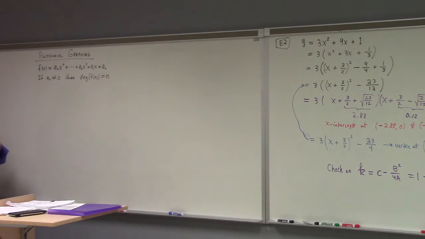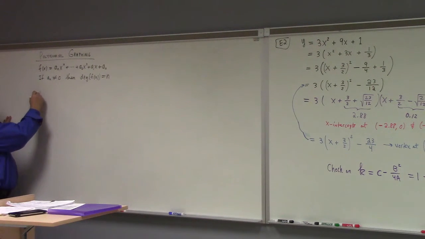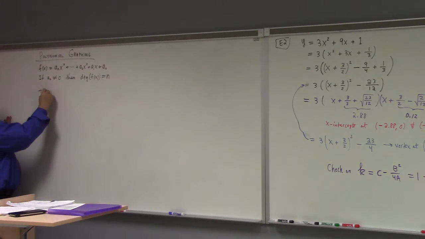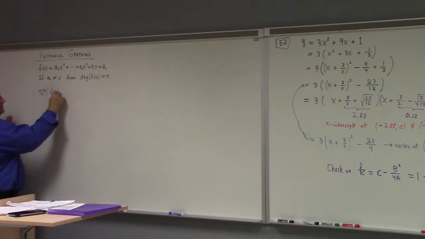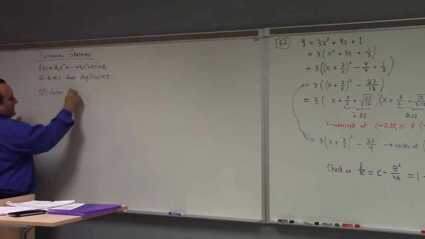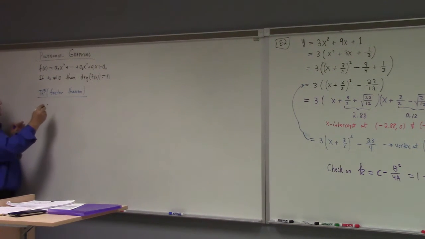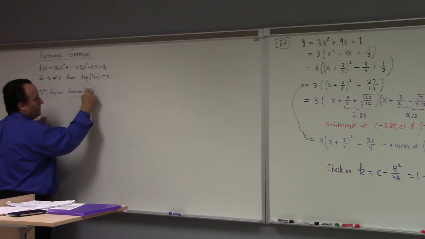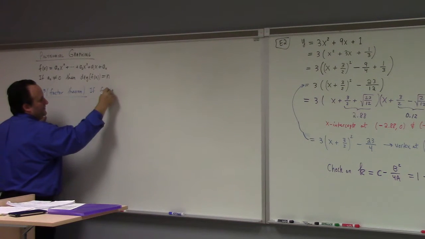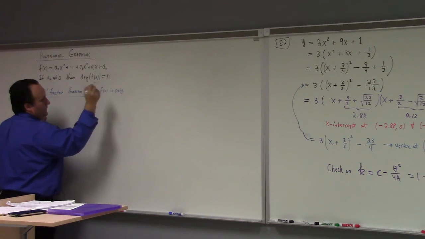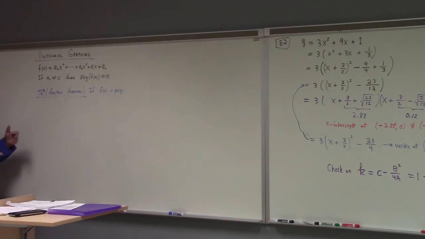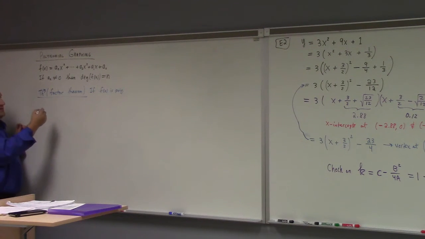Well, I'm not quite there yet, but there's a theorem that guides us. So the theorem is this. The theorem is called the factor theorem. Factor theorem. And what does the factor theorem say? It says the following. It says if f of x is a polynomial, right? If f of x is a polynomial, then the following.